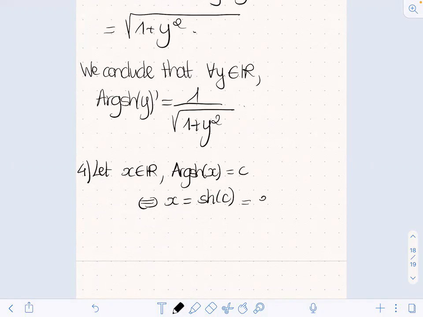You end up with x equal to exponential of c minus exponential of minus c, divided by 2.